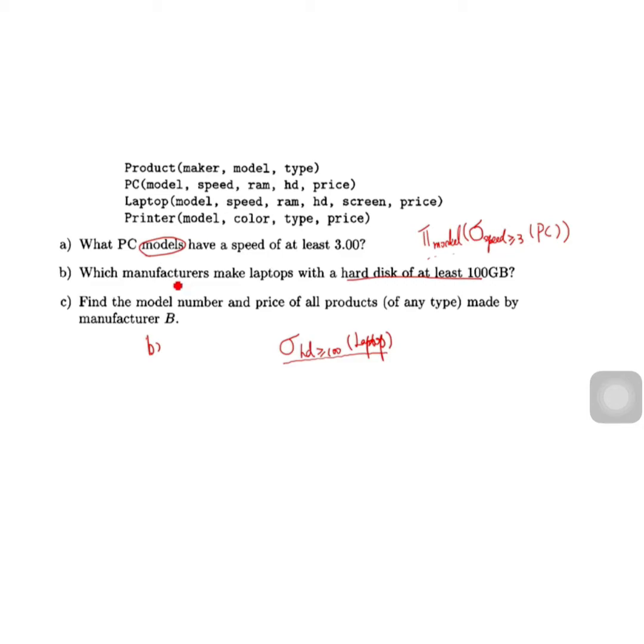But now we want the makers, so we combine product with the result of this expression.